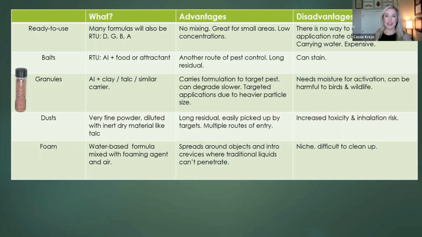Outside, you've got to stick to spot treatments like cracks and crevices and weep holes, but they do have long residuals. They're easily picked up by your target pests, and they do benefit pest control because there's multiple routes of entry there. Not only are they absorbing active ingredient, but they're often grooming.